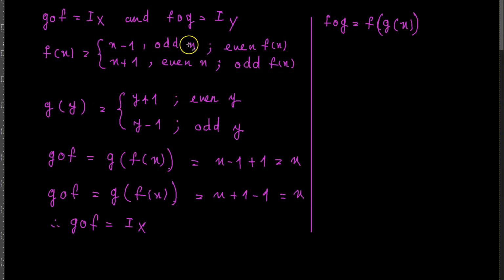So here I have odd inputs, here I have even inputs, and in this function you know that when you input an even y into it, an even number plus 1 is going to give you an odd number, which means that these are all odd g of y's, and this would be all the even g of y's, right?